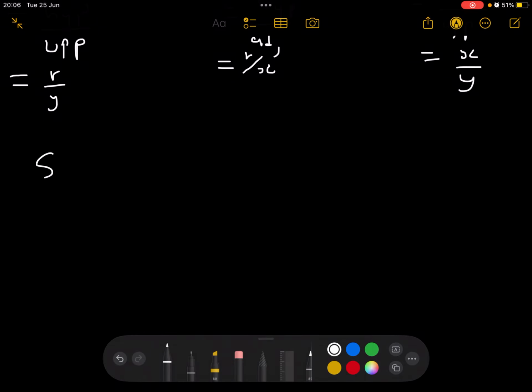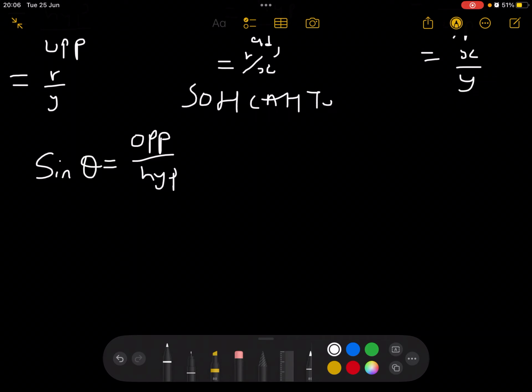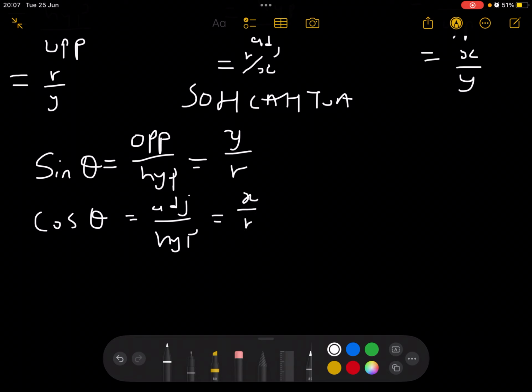Then I'm going to rewrite them in summary, all 6 of them. Sin of an angle theta can be written according to the definition as opposite over hypotenuse, from our mnemonic SOH CAH TOA, and according to variables as y over r. Cos of an angle theta is adjacent over hypotenuse, which is equal to x over r.